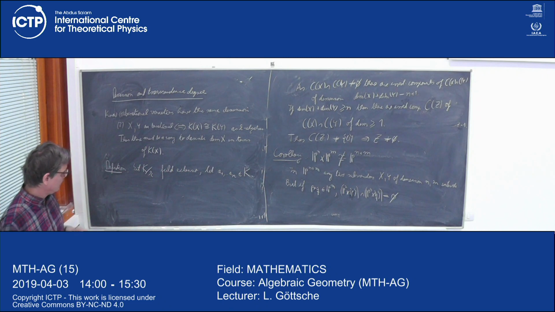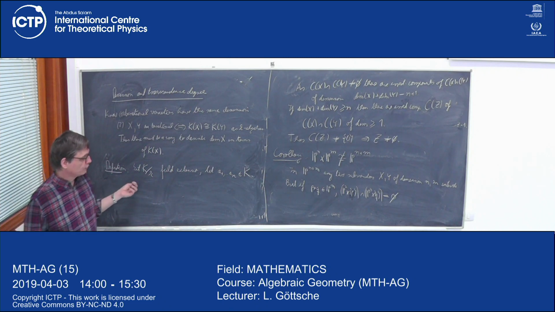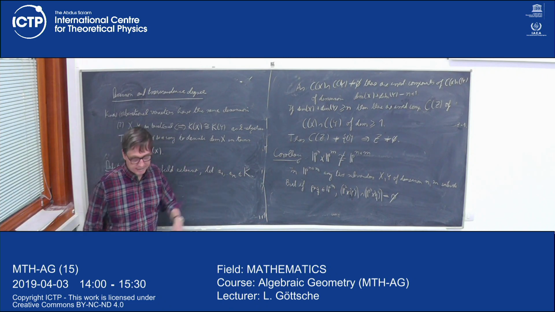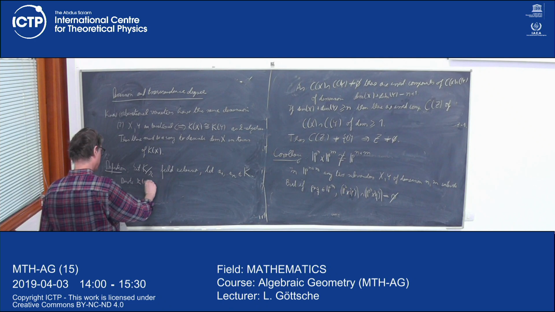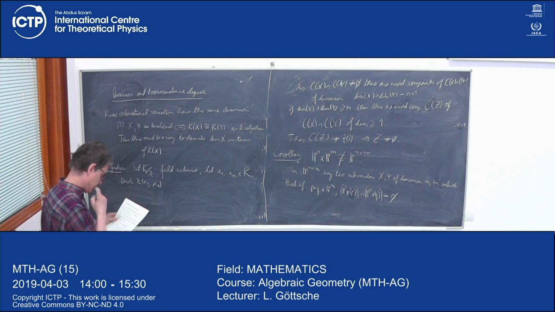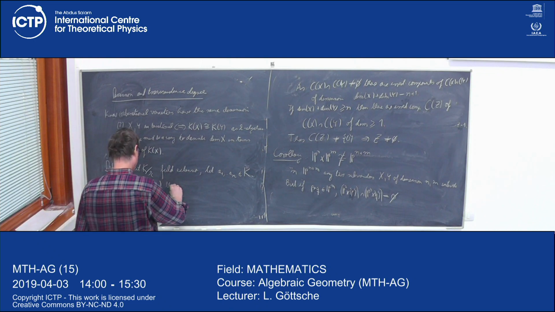Then I had told you what the field extension generated by these elements is. So denote it k(a1,...,an) with round brackets like this, the field extension of k generated by a1 to an.